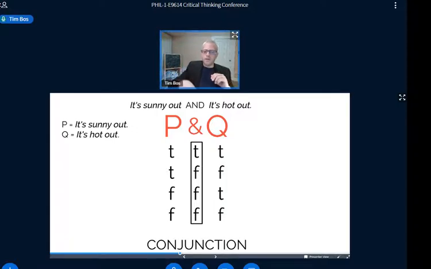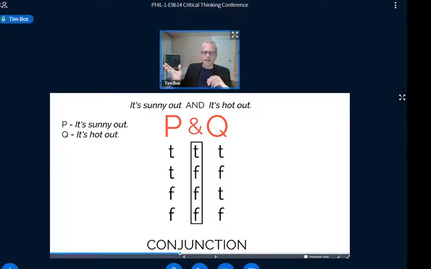Notice it's just by convention that when you fill out the P's, you can go TTFF, and when you fill out the Q's, you can go TFTF. Then you've represented all the different possibilities that there are. So it's very important that you understand why there are exactly 4 rows here.